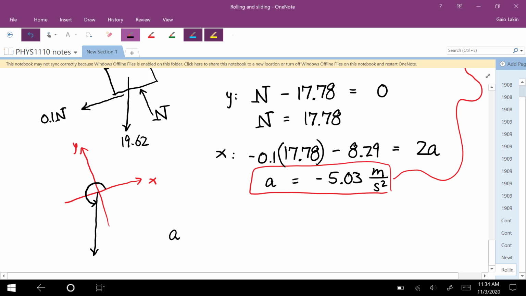It gives us that the acceleration vector is negative 5.03, 0. So that's in the negative x direction, and you can also think of it as an acceleration vector with a magnitude of 5.03 in the negative x direction, which is down the ramp.